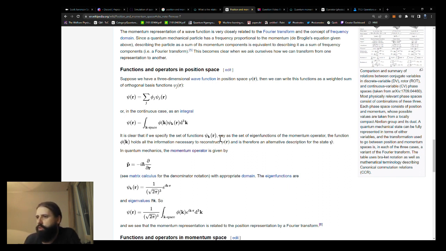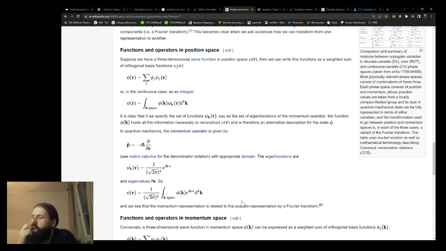I guess this is just telling us that you can express the wave function in position space as taking this psi wave function.